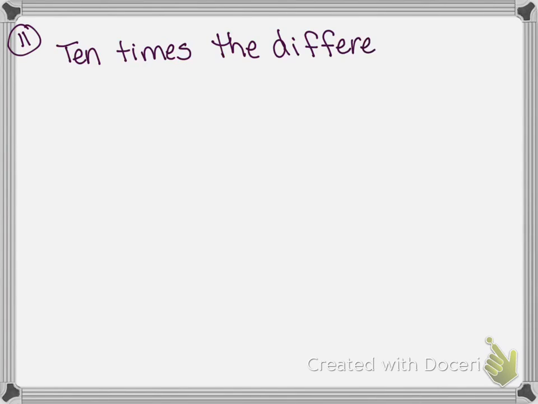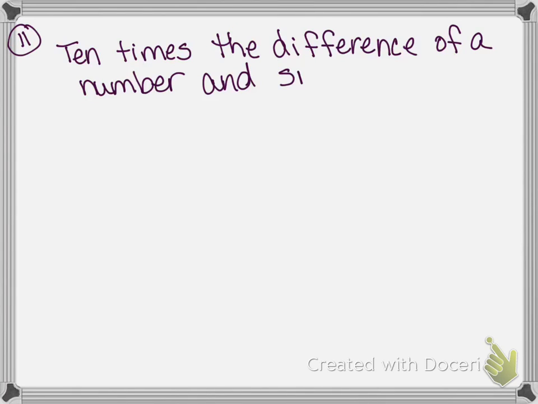Perfect. Okay, 10 times the difference of a number and 6. Hopefully we know 10 times. What does times mean? What operation? Multiplication. Okay? So I know that I'm going to be doing 10 times something.